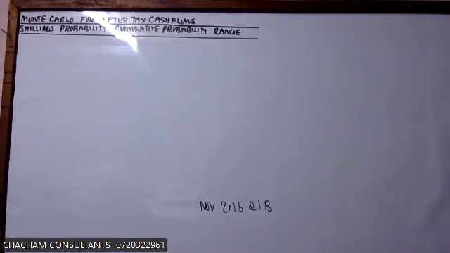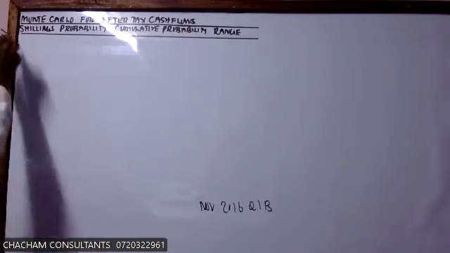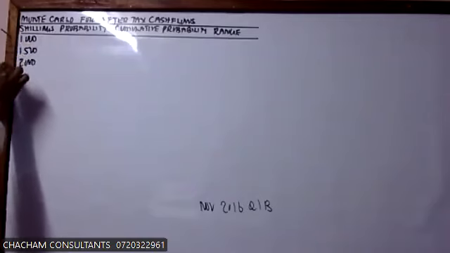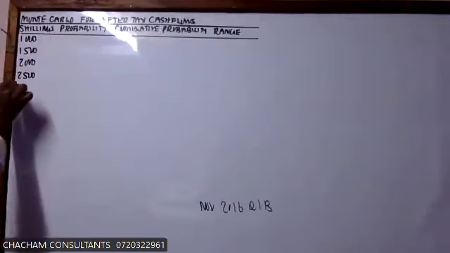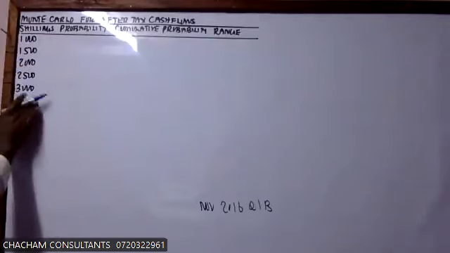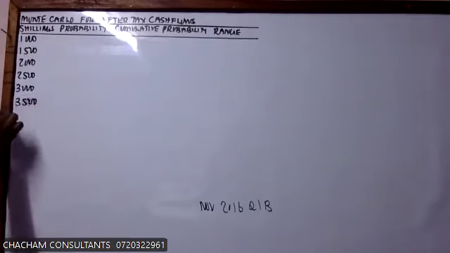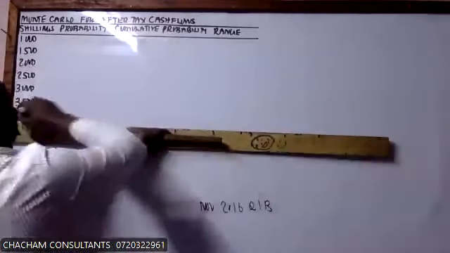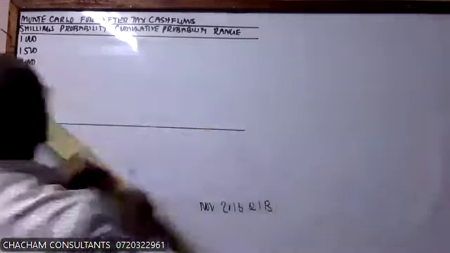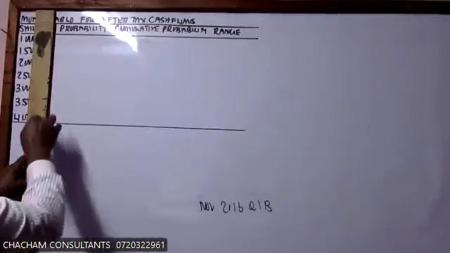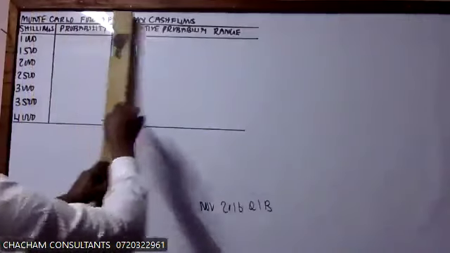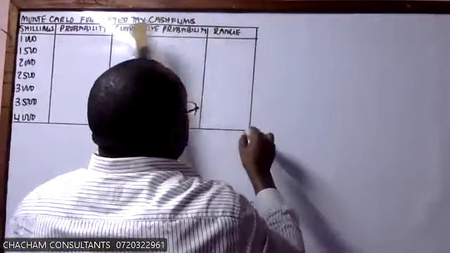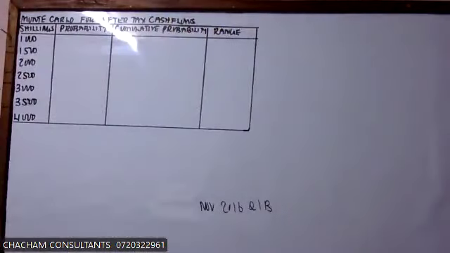So the shillings are starting from 1,000 to 4,000. 1,000, 1,500, 2,000, 2,500, 3,000, 3,500, and 4,000. That's how far they are getting to.